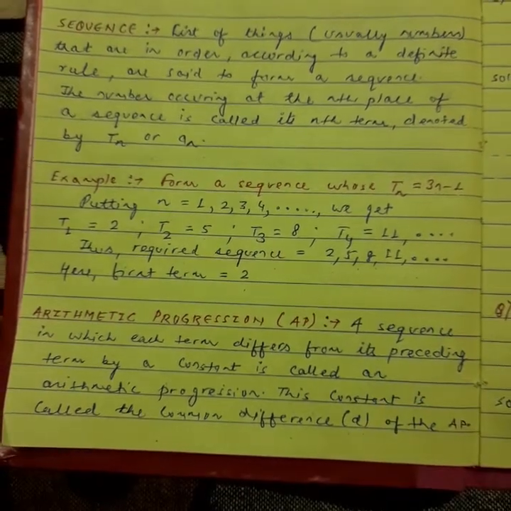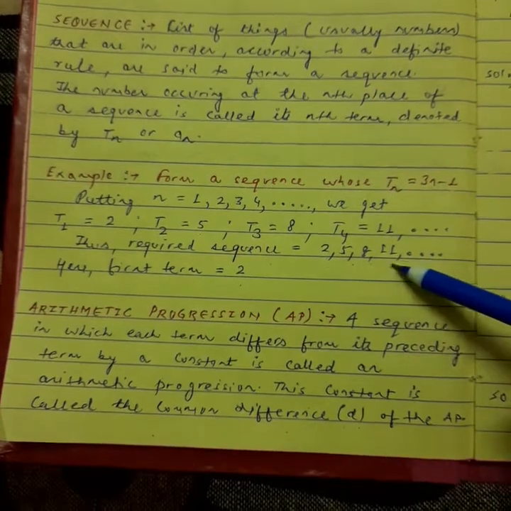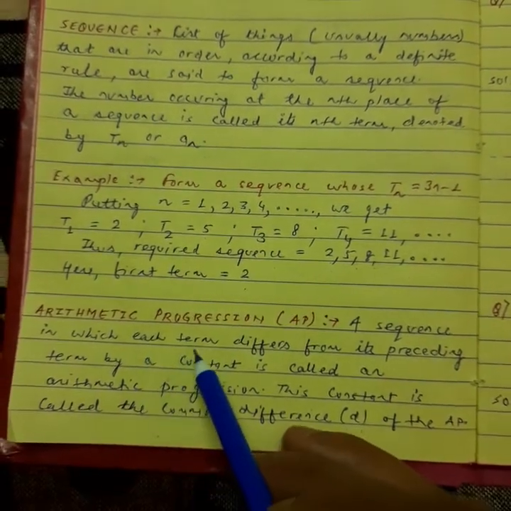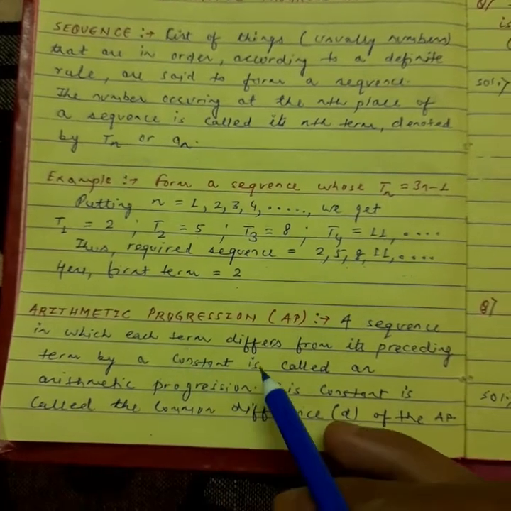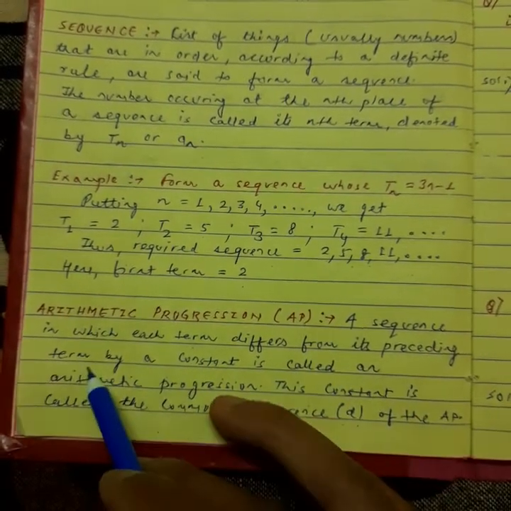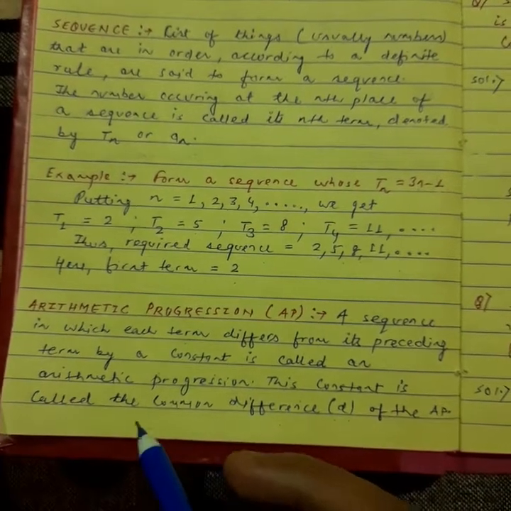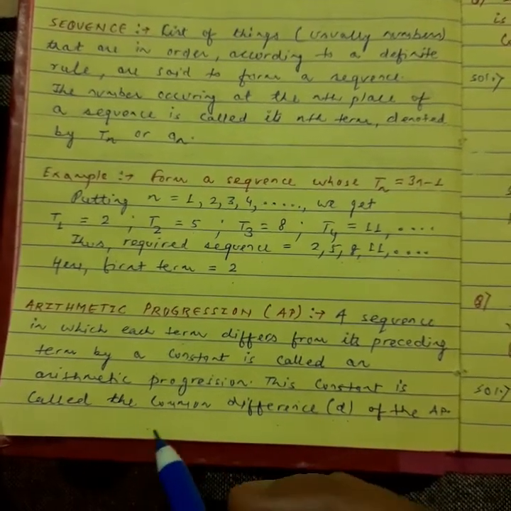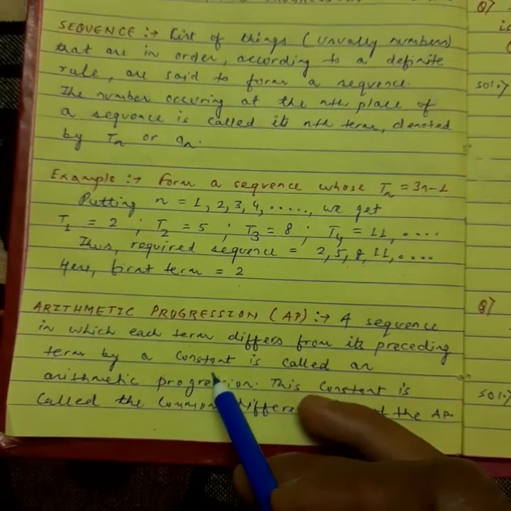What is arithmetic progression? A sequence will be given to you. In that sequence, whatever term you select will differ from its preceding term. That means, if we take that term and subtract the term just preceding it, we will get a constant every time.